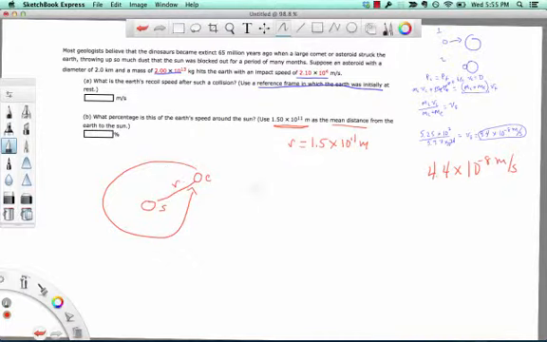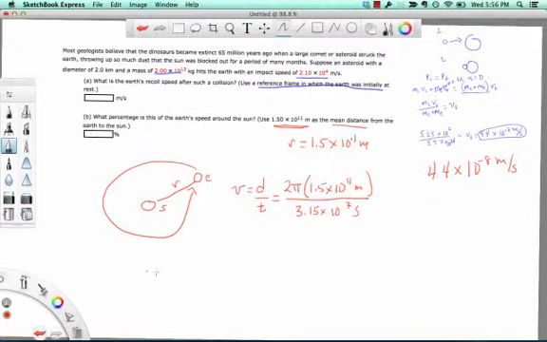Okay, so the easiest way to find the velocity is just distance over time, assuming that the Earth's moving at a pretty constant speed. That distance is just the circumference, so that's 2 pi times 1.5 times 10 to the 11th meters over the time, which is the number of seconds in a year, which is 3.15 times 10 to the 7th seconds.